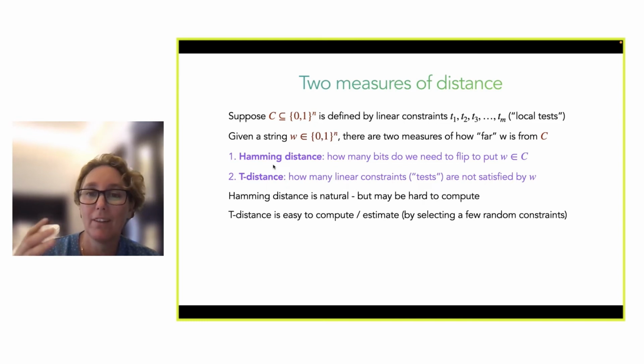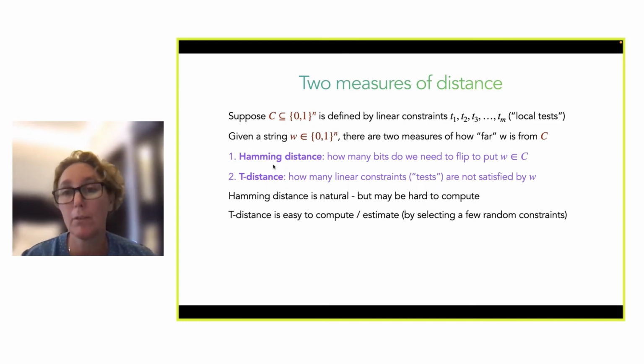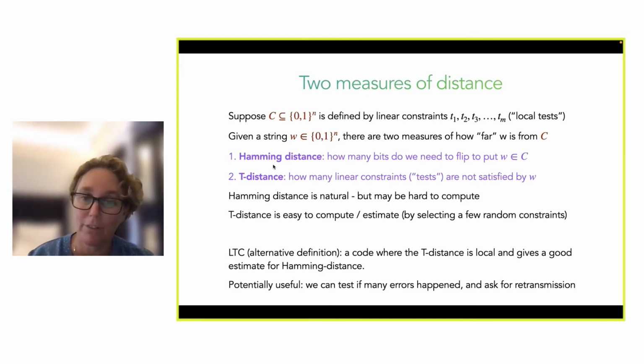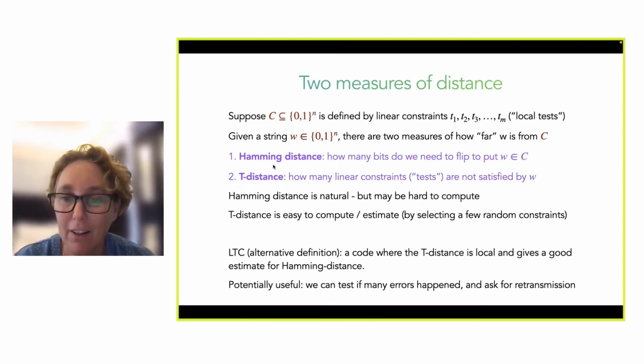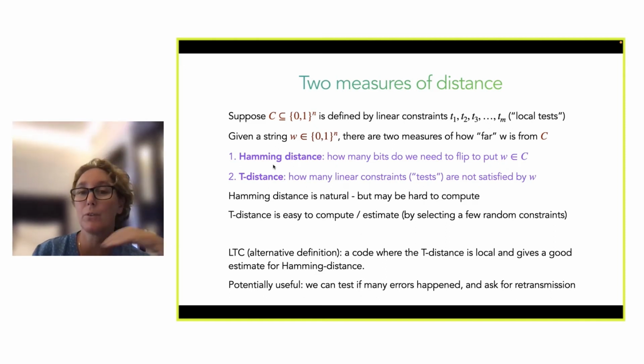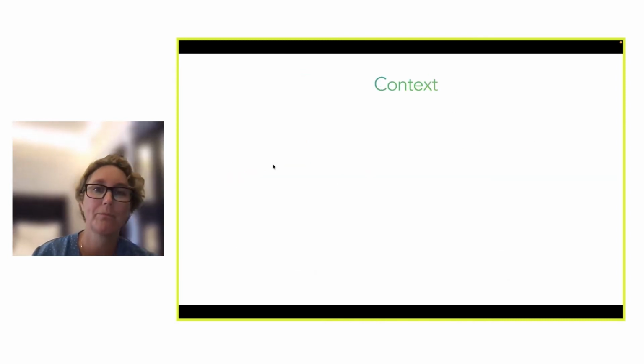A priori, for a random linear subspace, if the T distance is small, it doesn't mean anything about the Hamming distance. However, a code is a locally testable code if and only if these two measures are good approximations of each other. So that's very powerful. Now, in order to estimate the distance of a word from a code, we can just randomly sample a few of the Tis. And that's exactly the tester that we do.